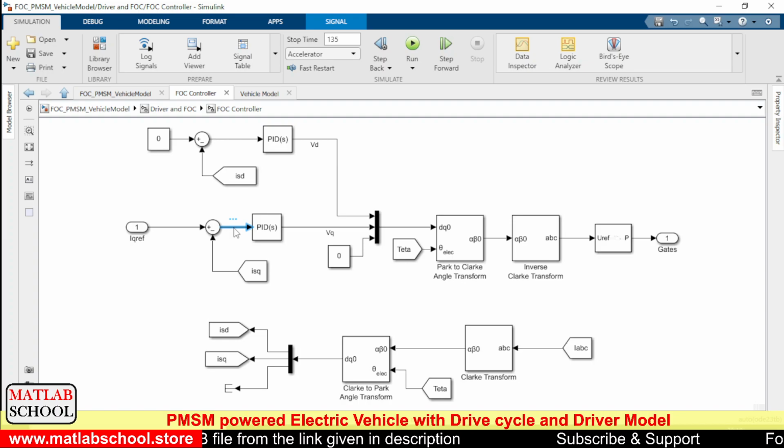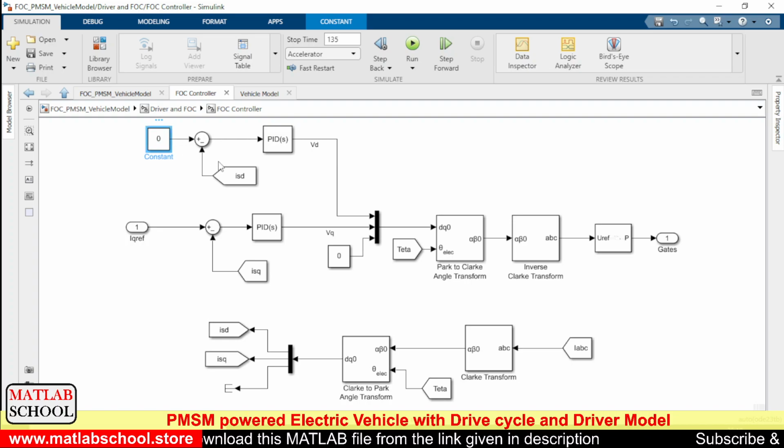This error is given as input to the PID controller. This PID controller will produce the output. That output is the reference quadrature axis voltage. Parallel to that, we have a zero value for the direct axis reference.